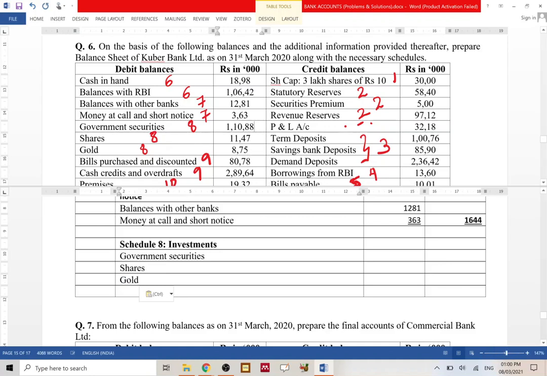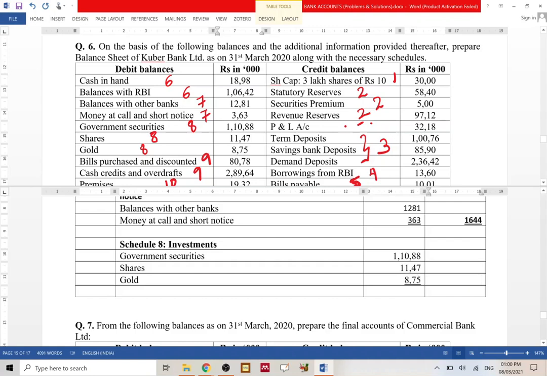Alright, then you have, and gold, 875. So the total of investments, so far no additional information is given about investments.